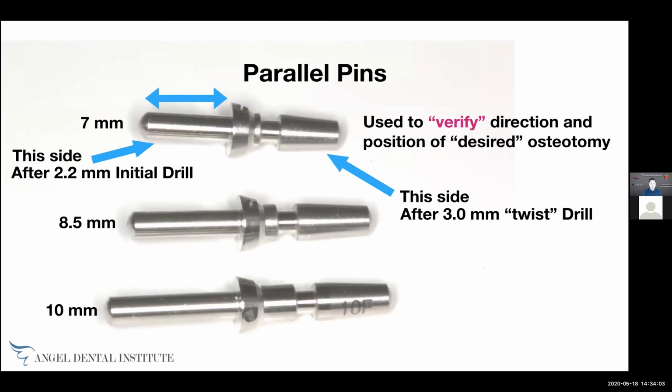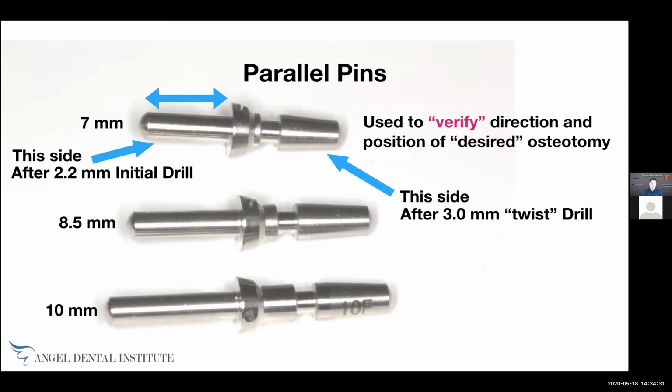And then the one below that, 8.5, is longer. And then the side that I said, this side after the 2.2 initial drill, that's the side you check with after you do the initial drill. You put this in and check to see the position of the osteotomy. And then if you're happy with that, you go to the next size, which is a 3.0 twist drill.